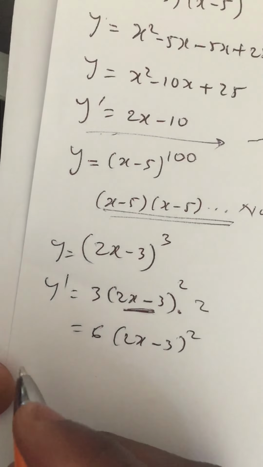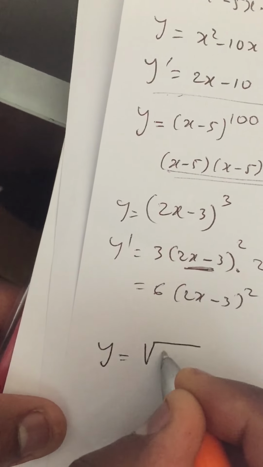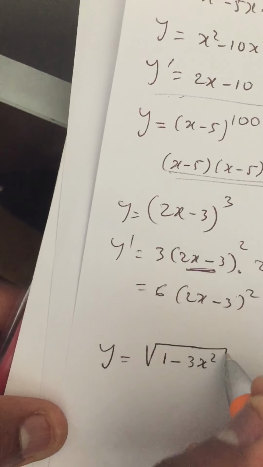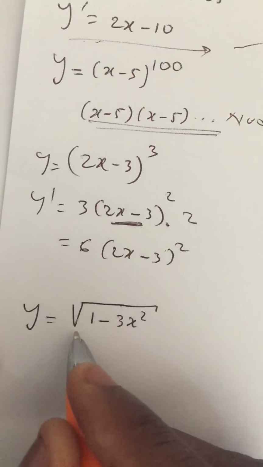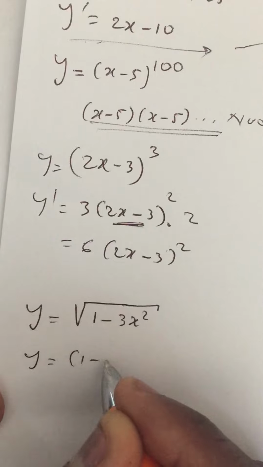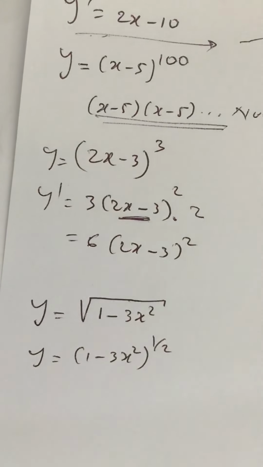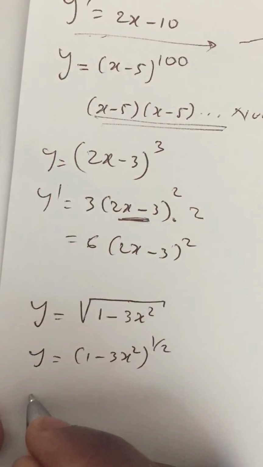For example, I have y equal to the square root of 1 minus 3x squared. The first thing to do is rewrite this, simplify it into a form that you can easily solve. So what are we going to do? We're going to apply the chain rule.